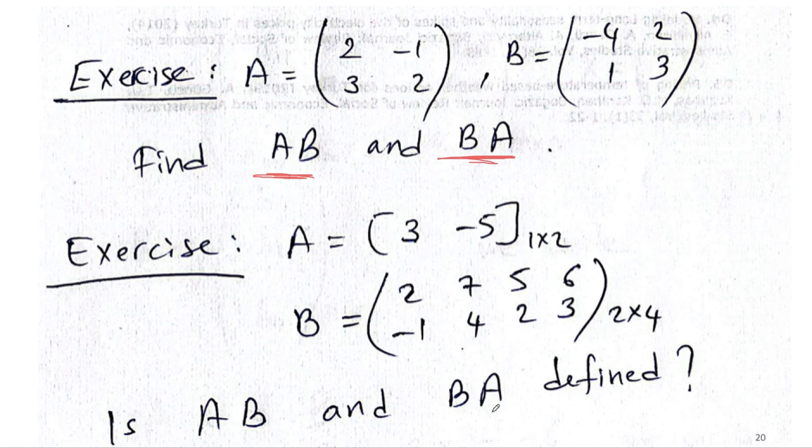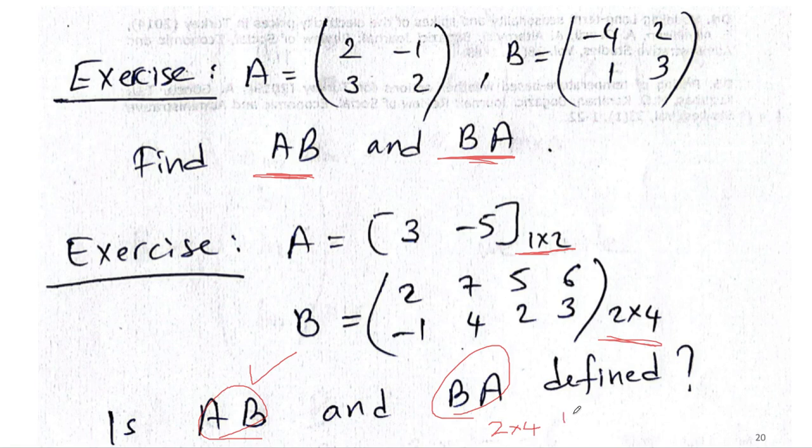You can check these. For example, A times B. What is the dimension of A? That's 1 by 2. What's the dimension of B? It's 2 by 4. So that means A times B is okay. It is defined. But what about B times A? So B times A, this is 2 by 4 times 1 by 2.